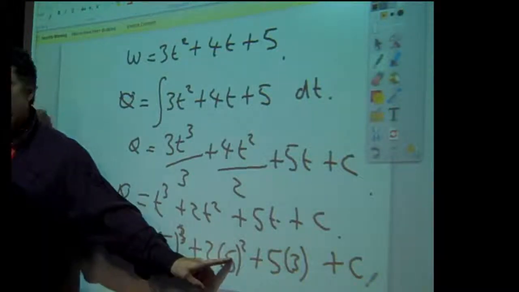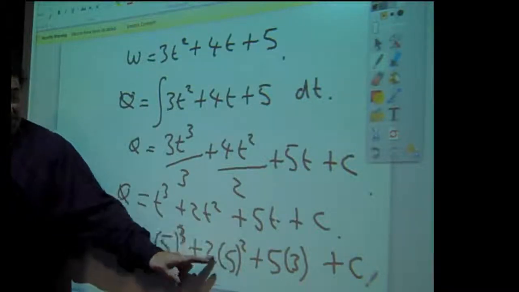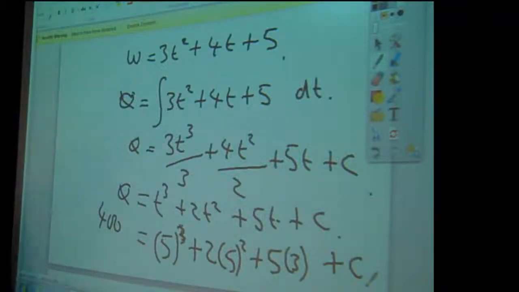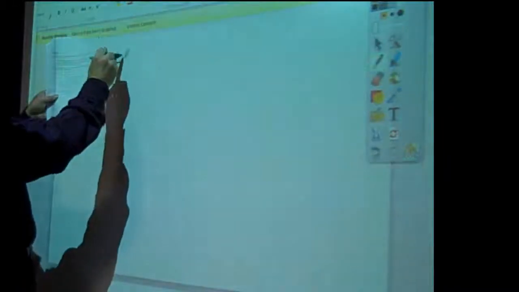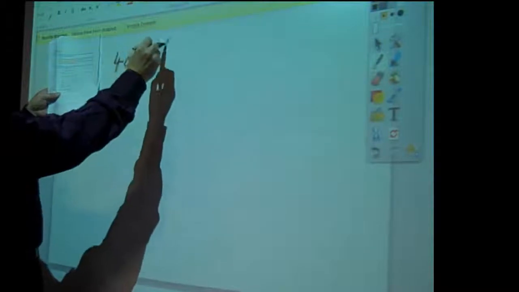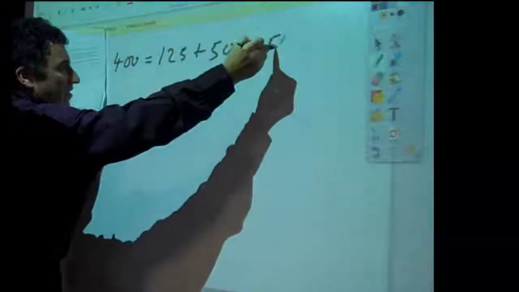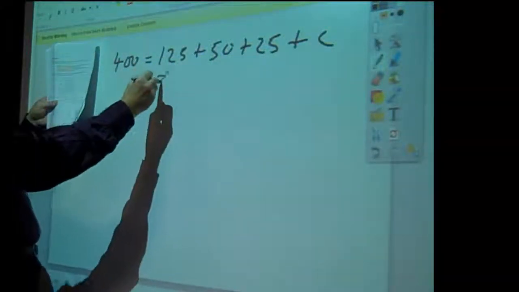Don't do 2 times 5, no, it's 5 squared first. 5 squared is 25, times the 2 is 50, plus your 5 times 5 is 25. So we've got 400 is equal to 125 plus the 50 plus the 25 plus the c. If you add all that up, you get 200.